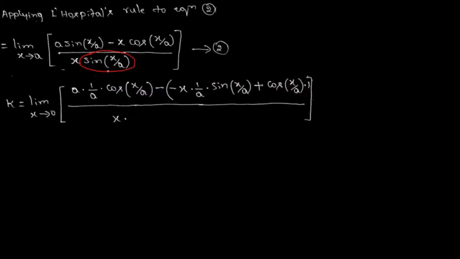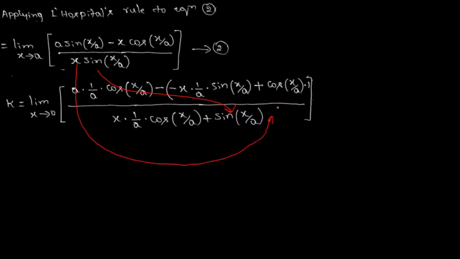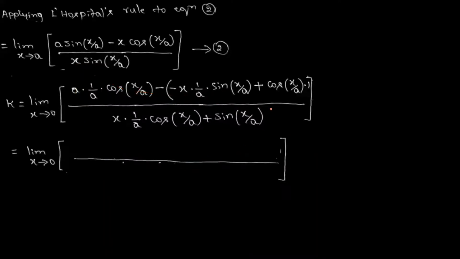Again the chain rule, it gives cos of x by a into differentiation of x by a, which is 1 by a. Plus second function as it is, and the differentiation of x will be 1, which we have not displayed, I think. Yes. Now let us go for the next step.